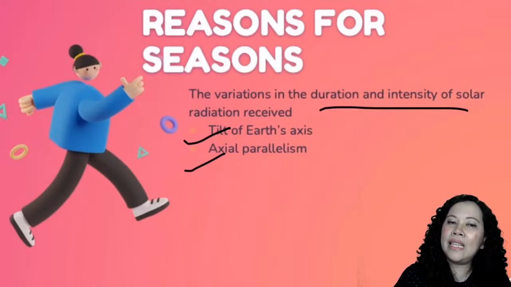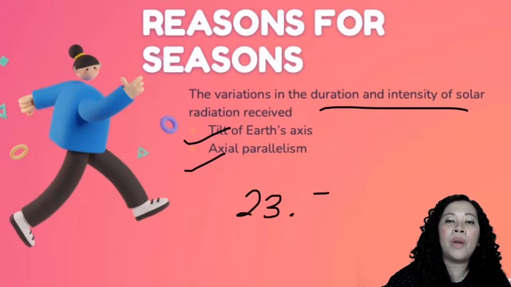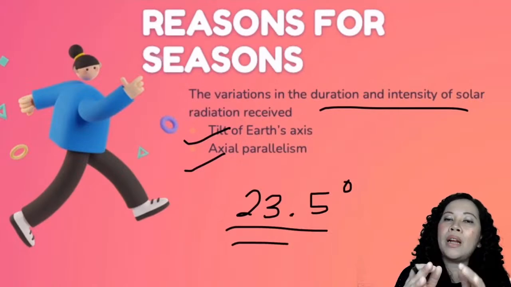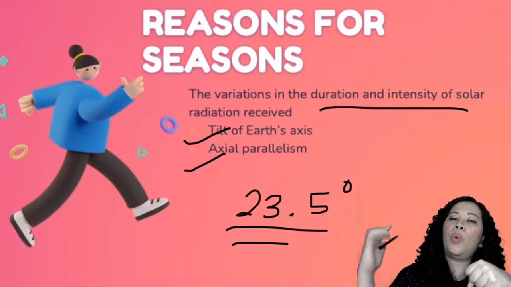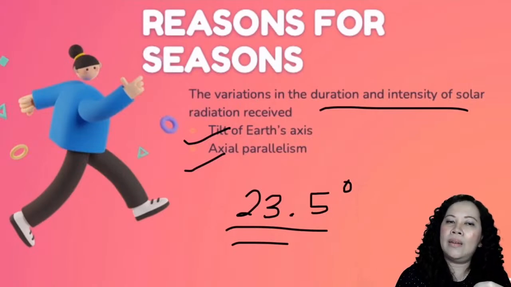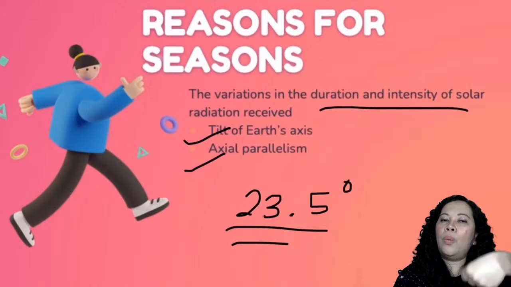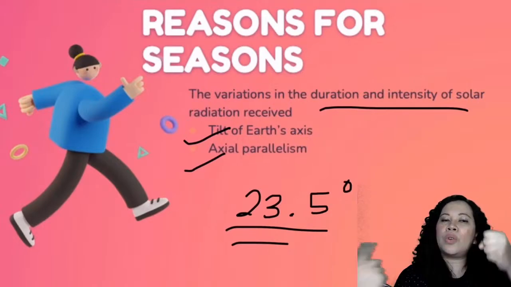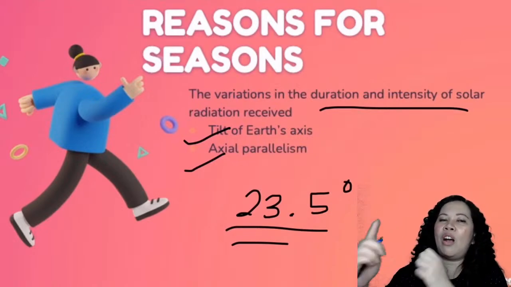The axis is tilted around 23.5 degrees from the plane. Parallelism is the alignment of the earth when it orbits around the sun. It will change from the North Pole to the South Pole as it rotates, so it will change in terms of positioning.